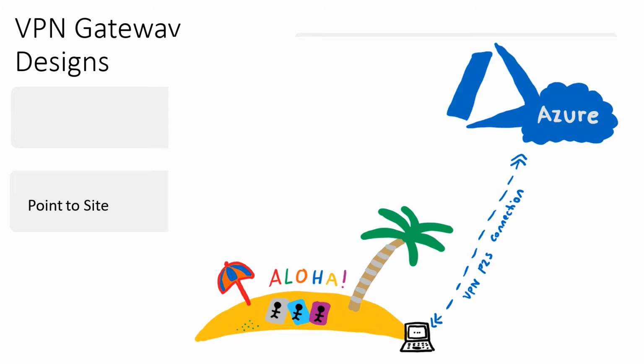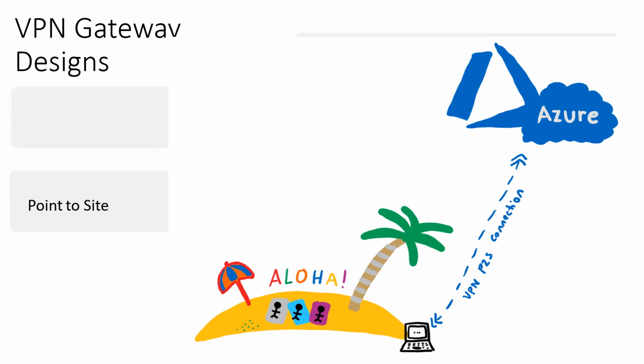P2S connections are really great for any remote workers that need to connect into your Azure VNet securely over the public internet. It is just for remote workers, whoever is working from home and not on your office site.